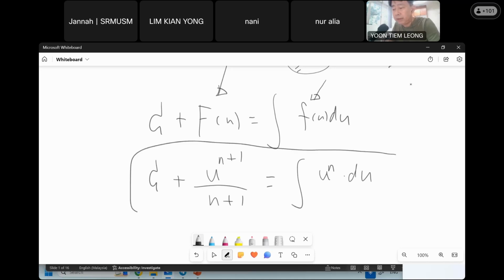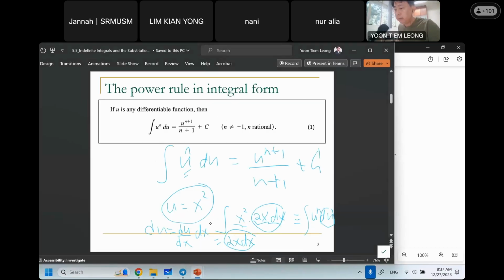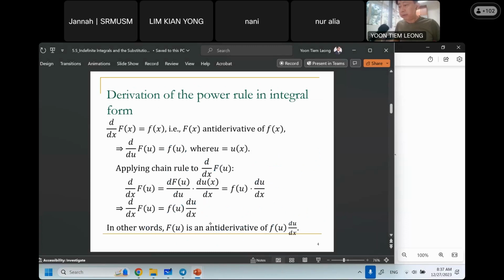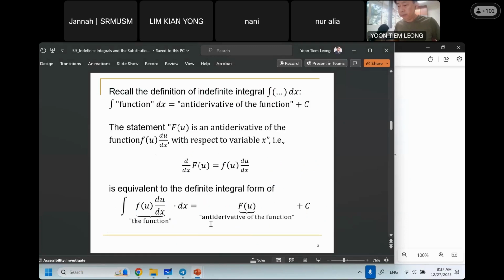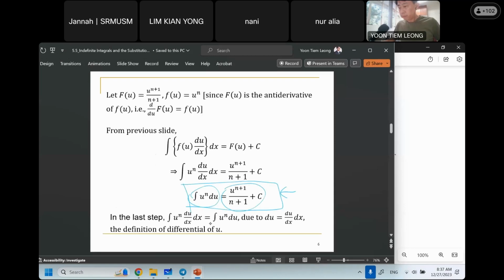So that is how I arrive at the formula of the power rule in integral form. Okay, so these are the steps that lead to the power rule in integral form.